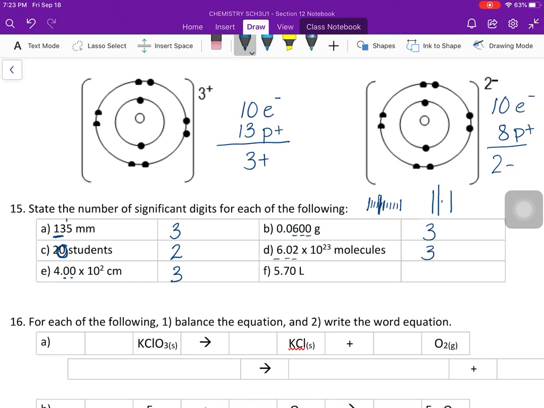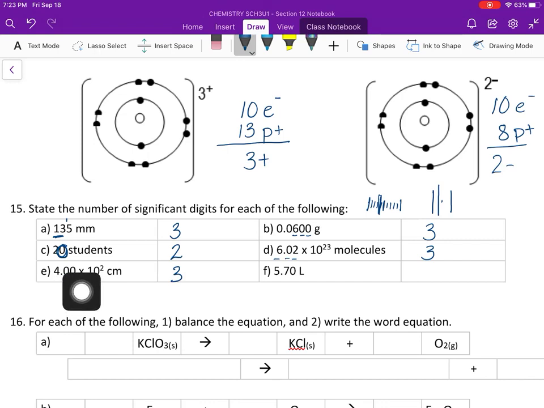So when I have a 0 in between numbers, it counts. When I have zeros after a number, but it's still a whole number, those don't have to count. But when they are after the decimal place, then they do count. So zeros get a little bit tricky in terms of whether they count or not.